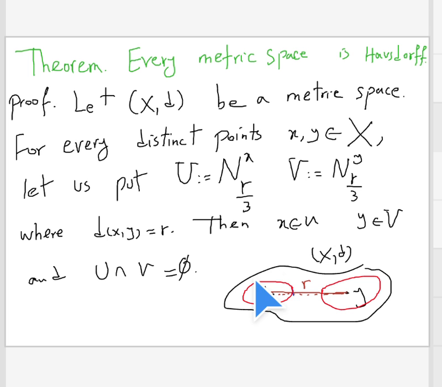This is N(x, r over 3), this is N(y, r over 3). And what is N? Neighborhood.